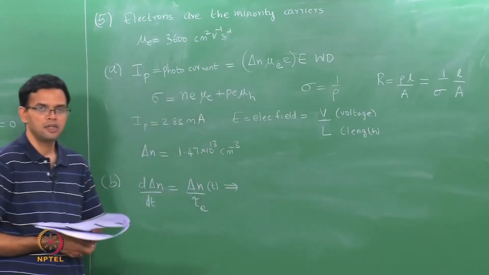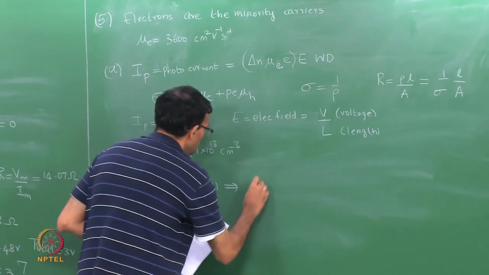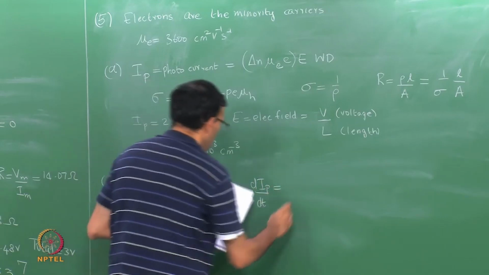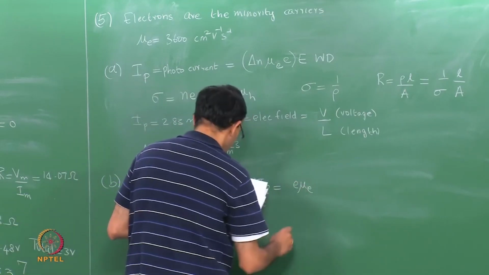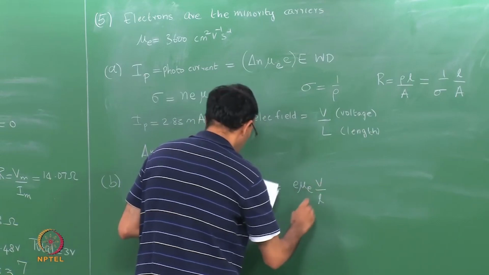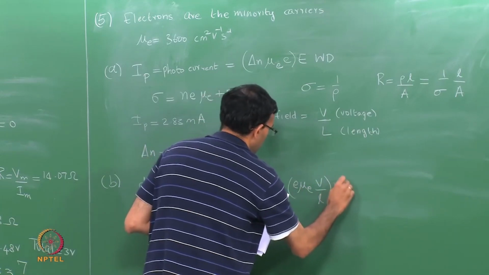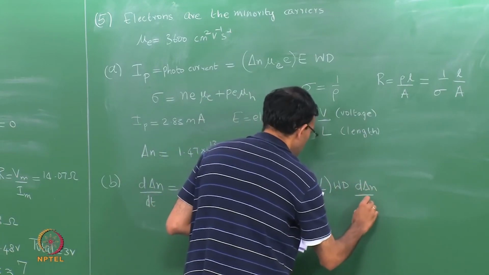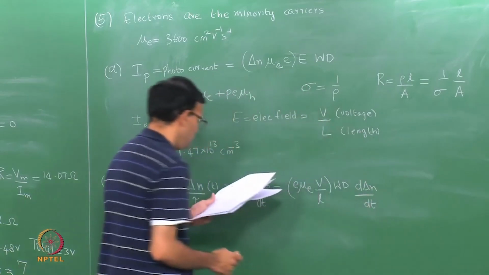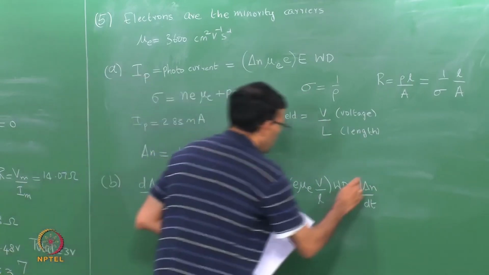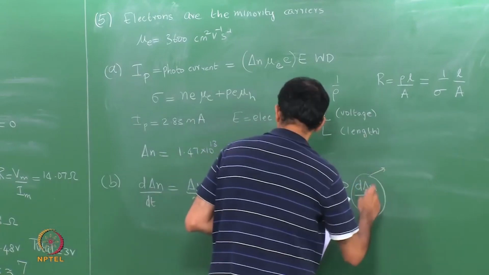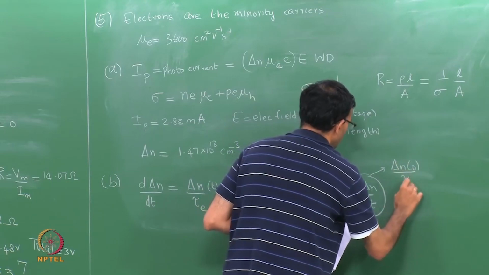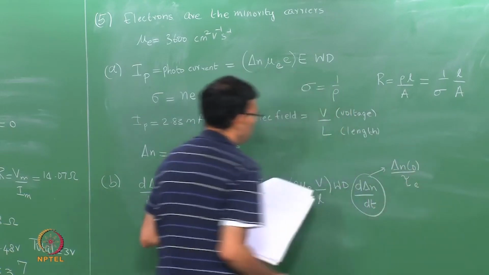You can write this in terms of current. dIp over dt is nothing but e mu e V over L times W D times d delta n over dt.